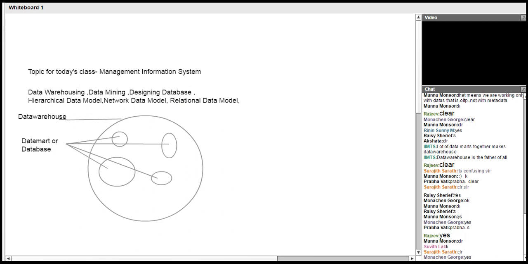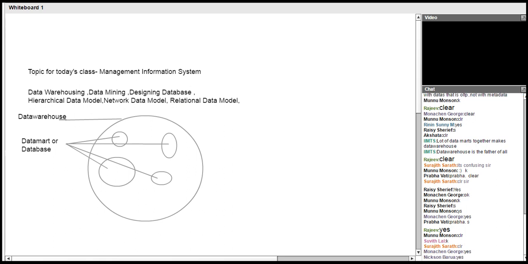To be more specific, suppose this particular box is of the HR department, this box is of the marketing department, this box is of the finance department, and this box is of the IT department.